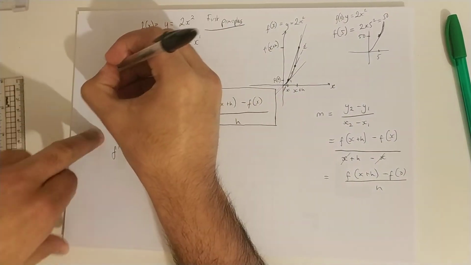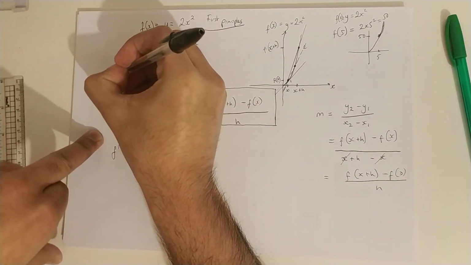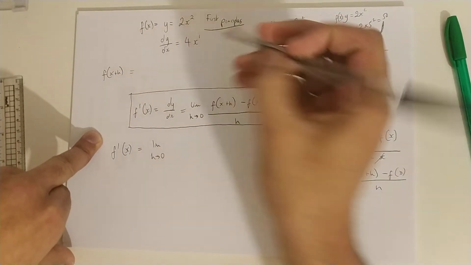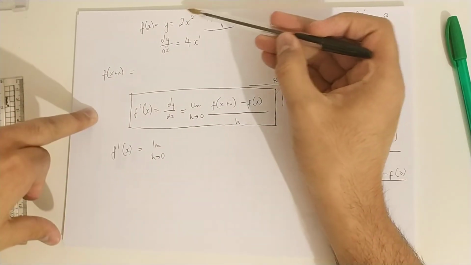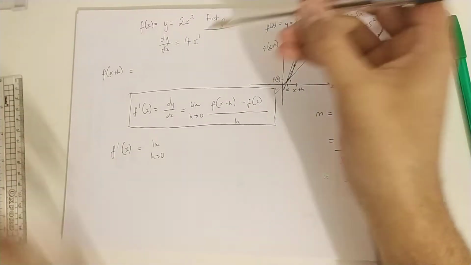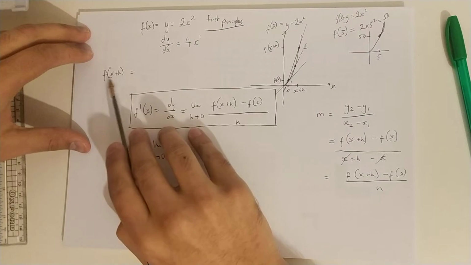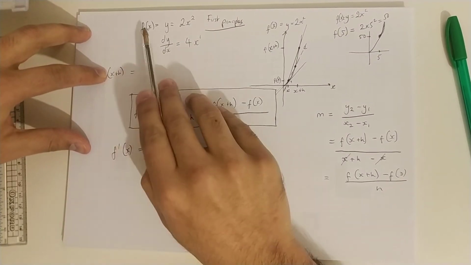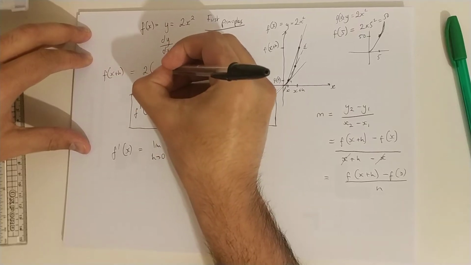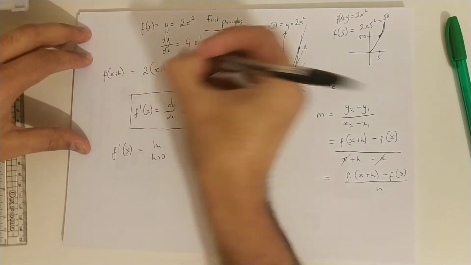Well, if you remember over here, we did something slightly different, but the same idea applies. I'm going to substitute all of this, x plus h, as the input for this function. So it's going to be 2 lots of x plus h, all squared.